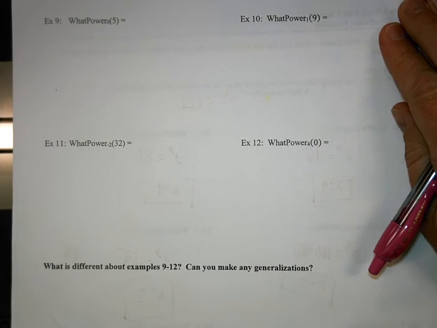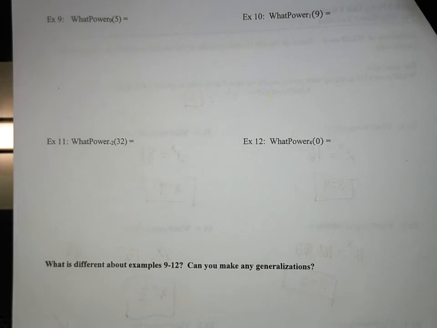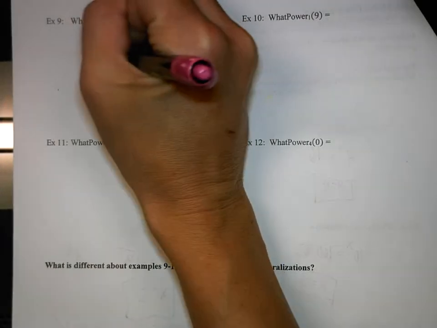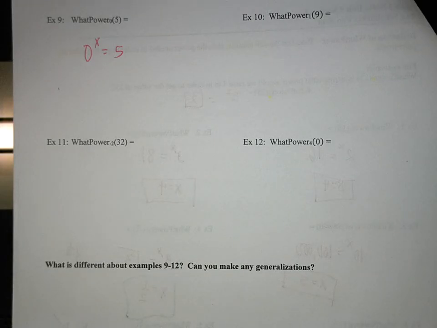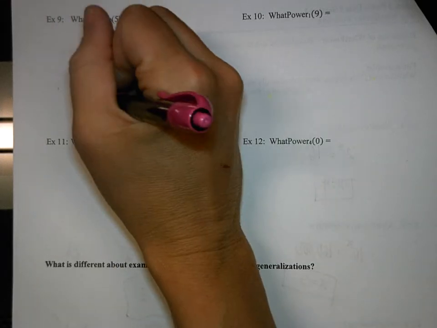All right. Number 9. How will I rewrite this one? Okay. 0 to what power equals 5? Is there 0 to any power? It wouldn't matter what I put there. Very good, no solution.